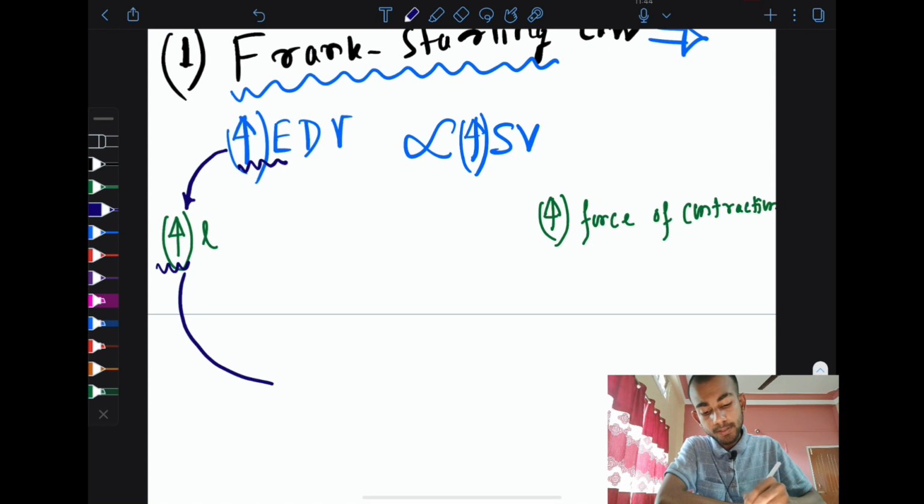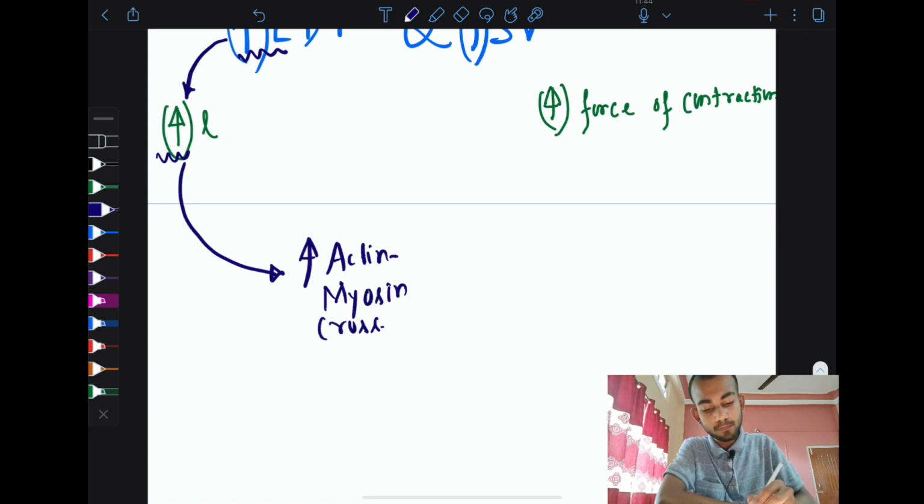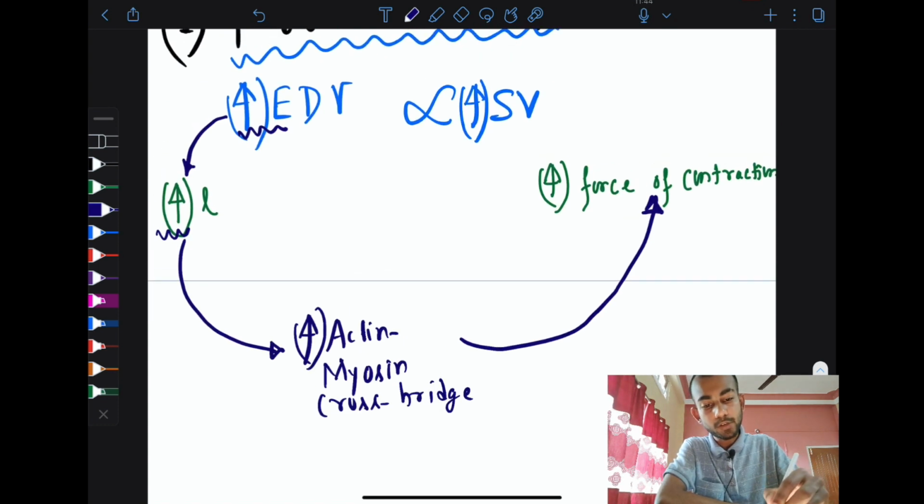Now, if the length of the muscle fiber increases, more actin-myosin cross bridges will be formed. If there are more actin and myosin cross bridges, obviously the force of contraction will increase, and if the force of contraction increases, the stroke volume will increase.